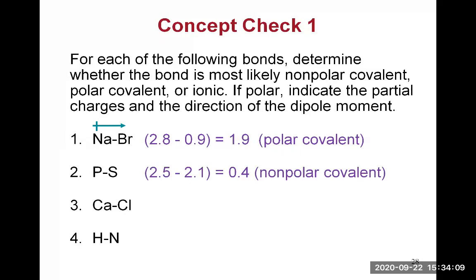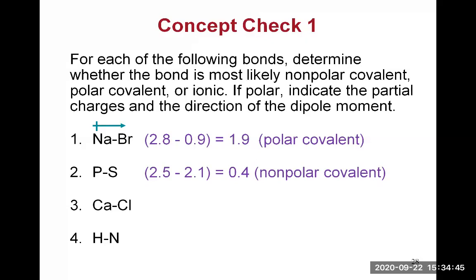And so for the first example here, NaBr, I needed to show you how the dipole moment is drawn, and you point the arrow towards the more electronegative element, and here it's bromine. And so the positive end of the arrow is towards the less electronegative element, which is sodium in this case. Otherwise, PS is a non-polar covalent bond because the electronegativity difference is below 0.5.